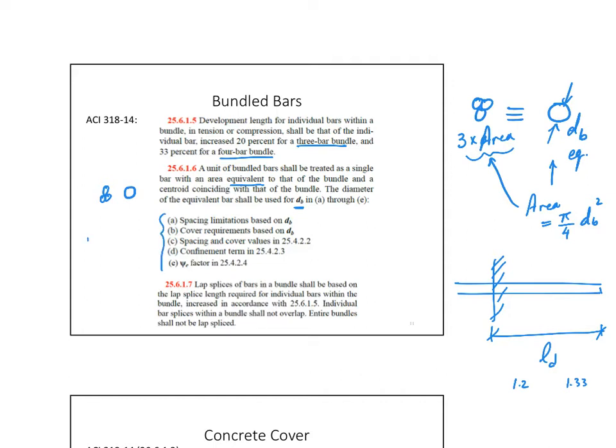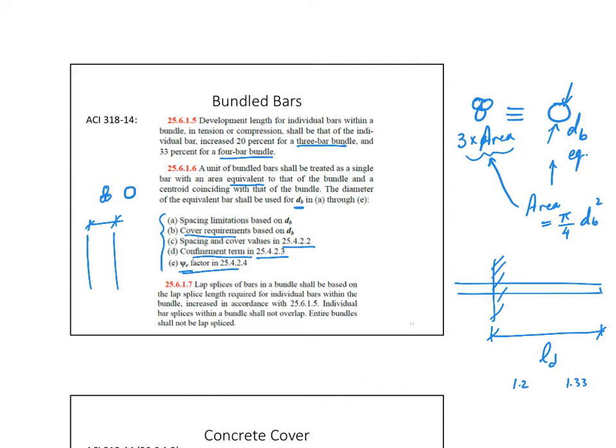Spacing requirements, how far my bars are from each other, right? Cover requirements, what is my concrete cover? Spacing and cover values in 25.4.2.2, confinement term in this, and calculating my factors for my development length. We will look at these factors in a few minutes when we go into the development length.